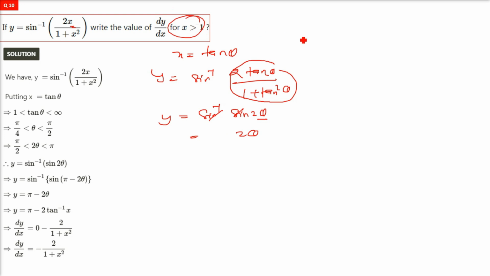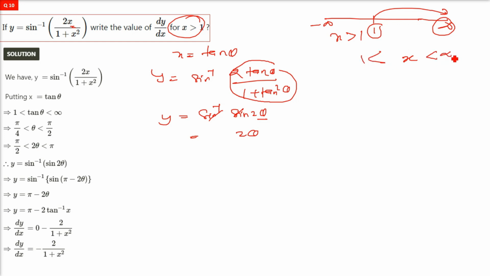This x is greater than 1 means what? This range will decide. If I can show you by a number line, this is 1, this is infinity. Greater than 1 is anything between 1 and infinity. So the range of the x or the boundary is basically 1 and infinity. Okay, x is tan theta, which we already took.